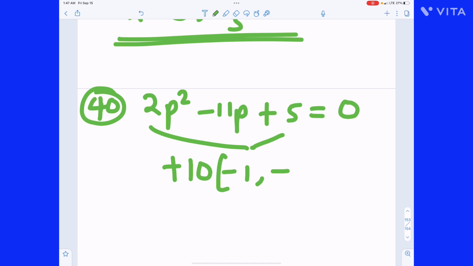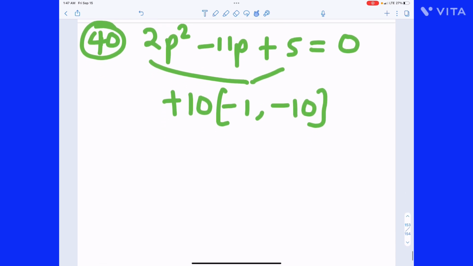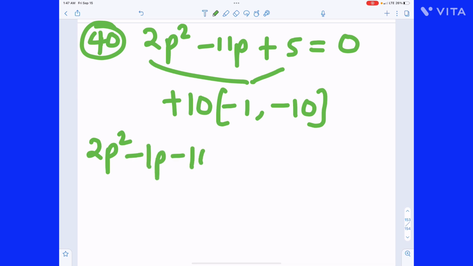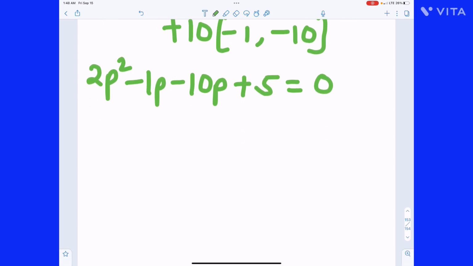The 2 factors of plus 10 that we add to give minus 11 and multiply to give plus 10 are minus 1 and minus 10. So I will write this as 2p squared minus 1p minus 10p plus 5 is 0. Here you have to figure out the factors yourself. I'm just going to go ahead and simplify.